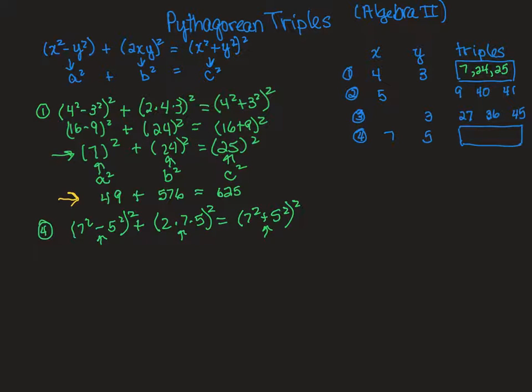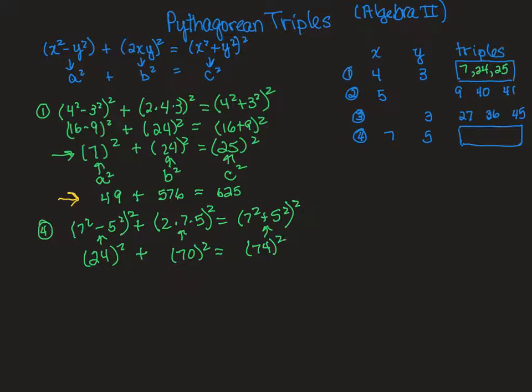Doesn't seem right. 49 minus 25, yep, is 24, squared. And this is 14 times 5, which is 70. And 49 plus 25 is going to be 74.